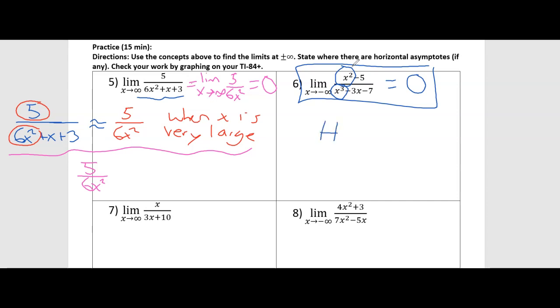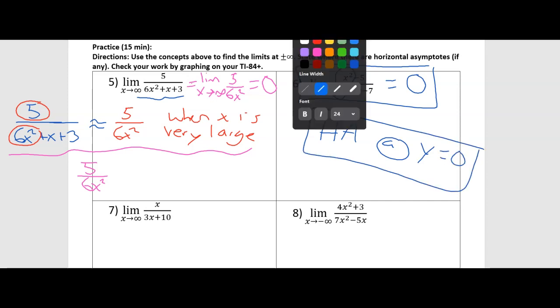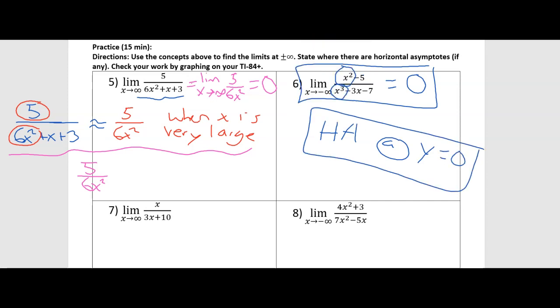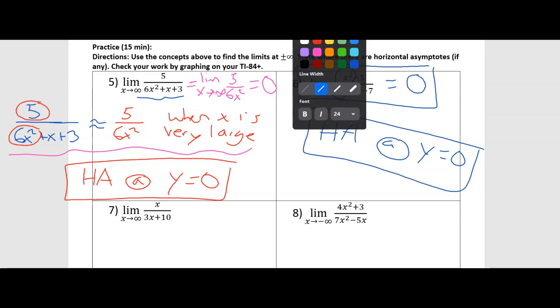So for number 6, we have a horizontal asymptote at y equals 0. And same thing for this function over here. There is a horizontal asymptote at y equals 0.